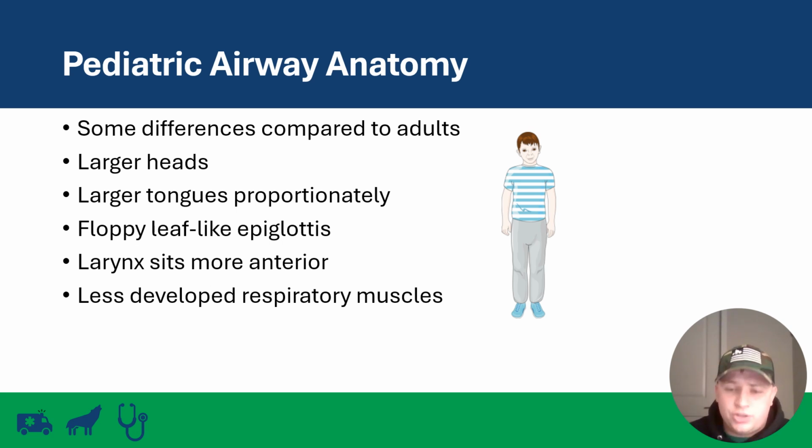This is why straight blades, or Miller blades, are more popular with children, because the Mac blades, or curved blades, can't manipulate the anatomy in the vallecula as well, because that epiglottis isn't as rigid or strong as it is in an adult. So Miller blades that insert directly and lift the epiglottis are more common than using Mac blades in children.